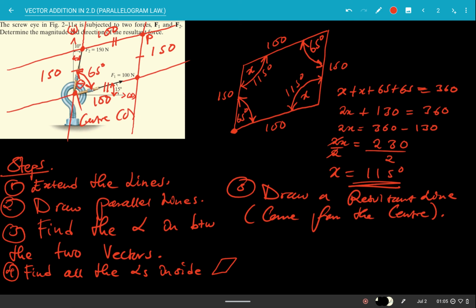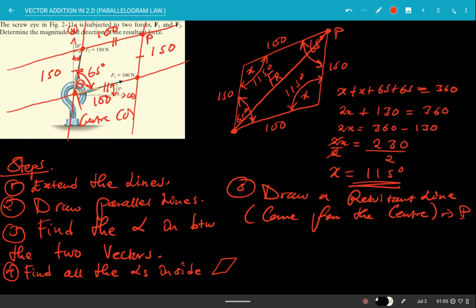Let's call it P. So the resultant line will come from the center and it will touch point P. So I'll draw it, touching point P. And I'll call this the resultant of the vector I'm looking for. And since it's a force vector, it will be F sub R.